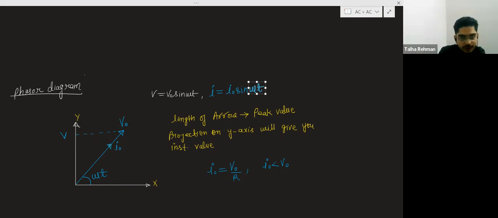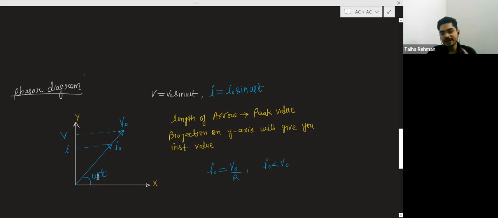For current, if you draw the projection on the y-axis, you will get the instantaneous value of the current. So from this diagram also, you can see that the current and the voltage are in same phase. What is the meaning of same phase? They are making an equal angle with x-axis.